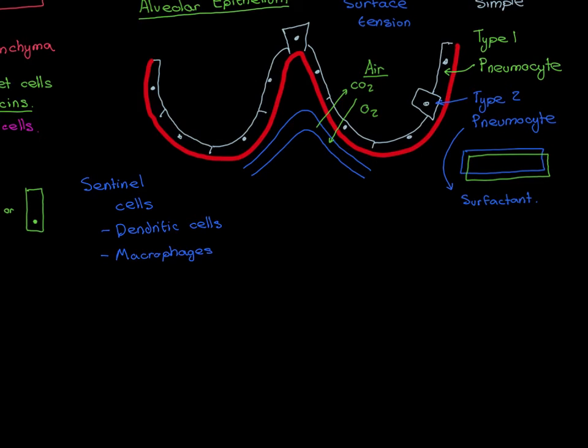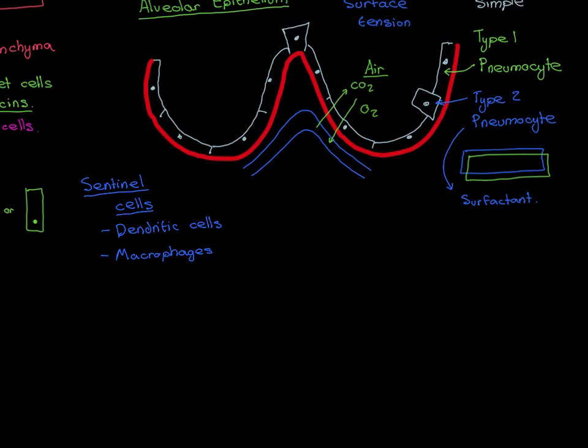We'll discuss in much more detail later on the nature of the inflammatory response, how these cells call for help, they release special molecules, but we'll come on to that much later. For now, all I want to tell you is that they are there, and I want to add them into the picture. So let me add in on this picture of the alveolar epithelium some macrophages and dendritic cells.